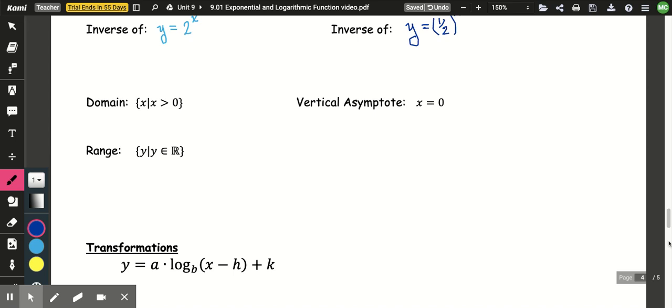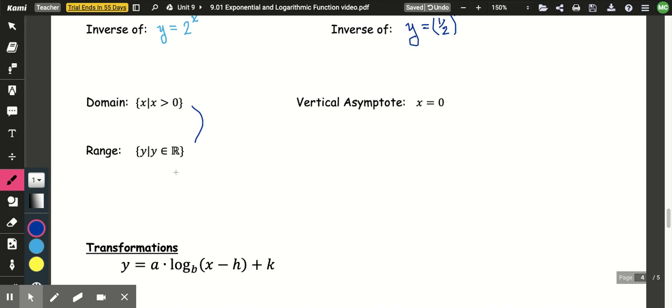Okay, for all of these logarithm functions, the domain is going to be x is greater than 0 as long as there are no transformations, and the range is any real number. Now, much like with all of our inverses, these have the same relationship to the exponential functions. They just kind of reversed. With exponential functions, the domain was all reals.